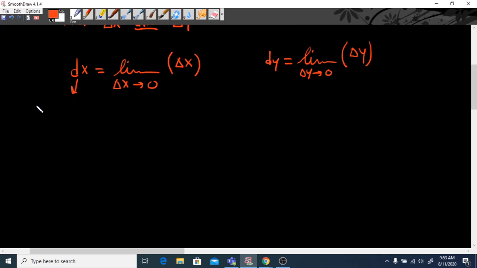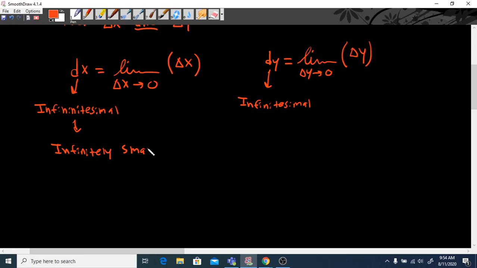Dx is an infinitesimal quantity, and dy is also infinitesimal. Okay? Infinitesimal just means infinitely small, but not 0.